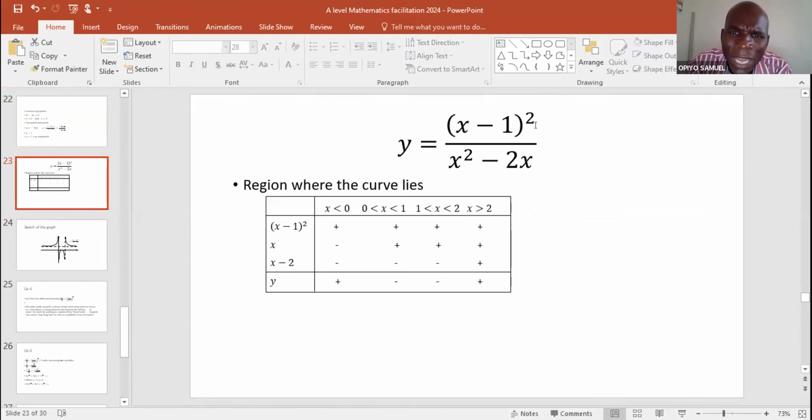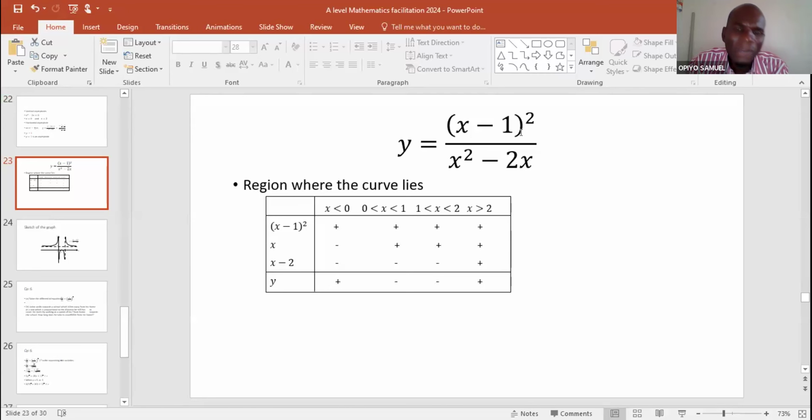Because the degrees of numerator and denominator are equal, when you divide even by long division, you are going to get a constant, and that constant will be 1.